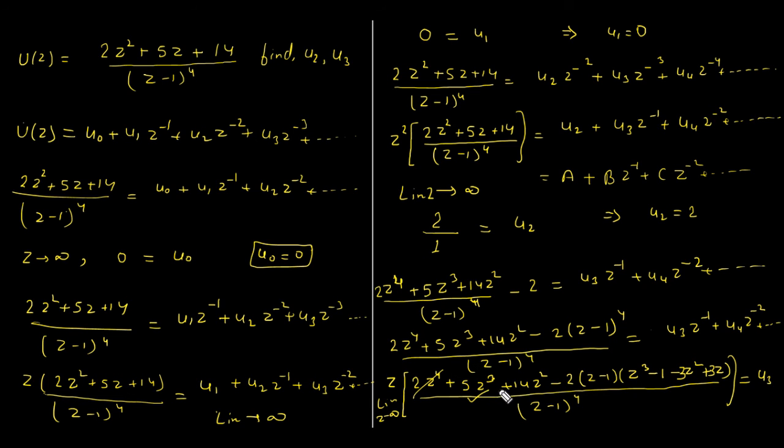We just need to find the z³ coefficient. The z corresponding term is minus 3 into minus 2, which is plus 6, plus 5, and the 1 corresponding term is minus 1 times minus 2, plus 2, so it will be u3.